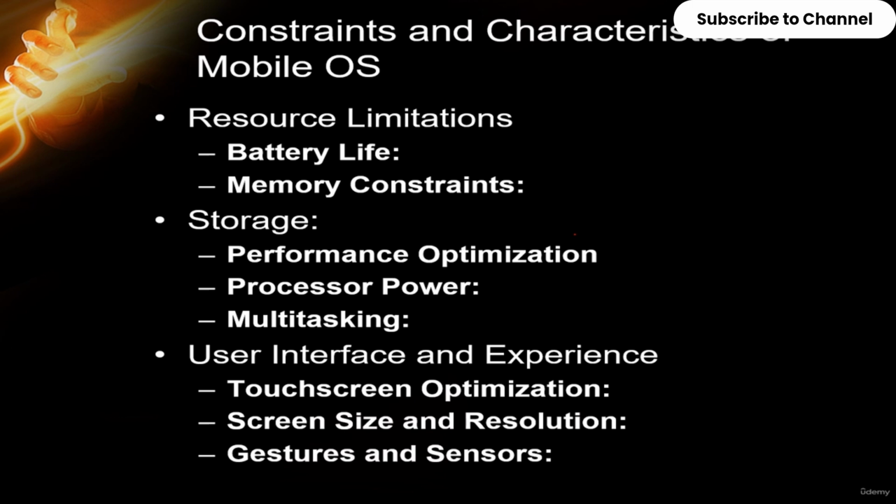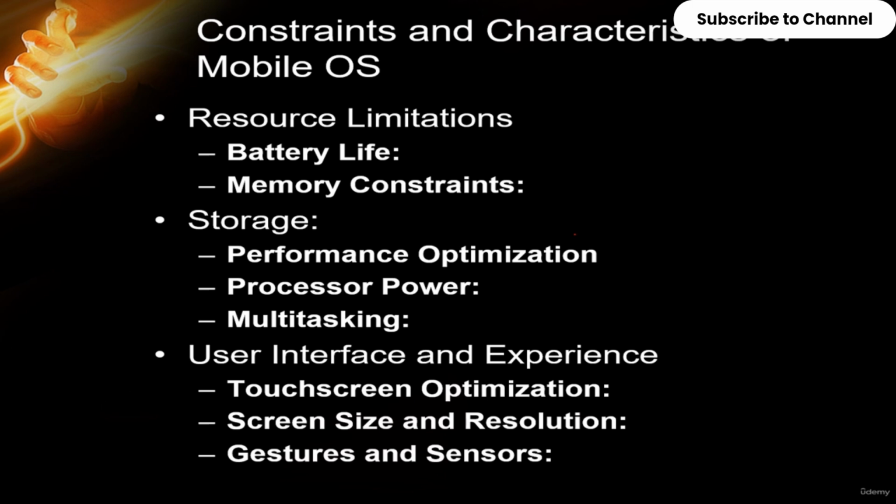And gestures and sensors. Many operating systems are using sensors like GPS, accelerometer, gyroscope, and proximity sensors to provide the functionalities and user experiences. Enabling these features for location based services, fitness tracking, and augmented reality will make the operating system work more consistently.